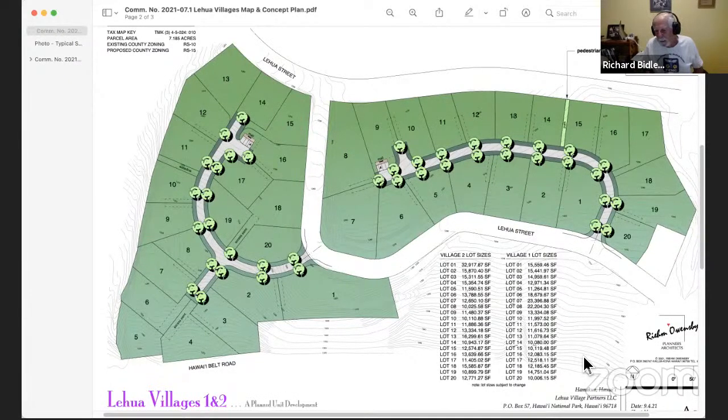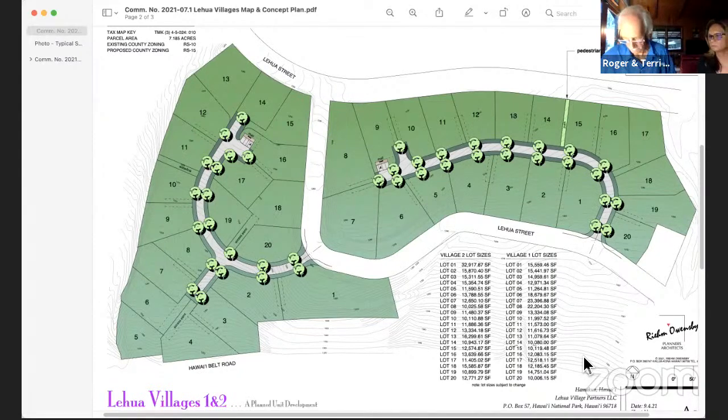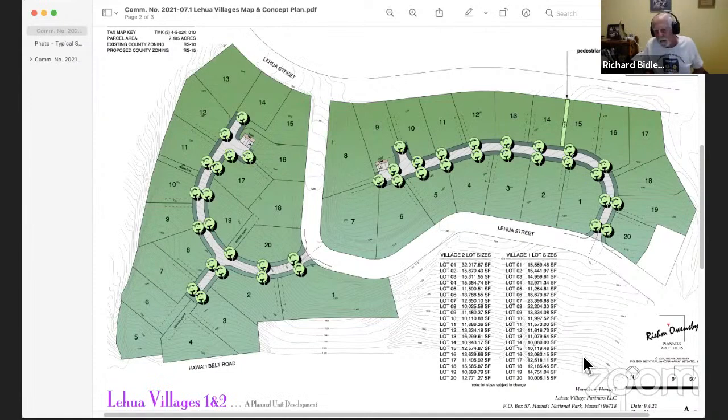For example, if our private road that goes out onto Lehua is very close to the road going into that subdivision, we almost have a cross street here. And I have to tell you that the sighting coming off of our subdivision is not very good. I think that's something we might want to pursue with the county.